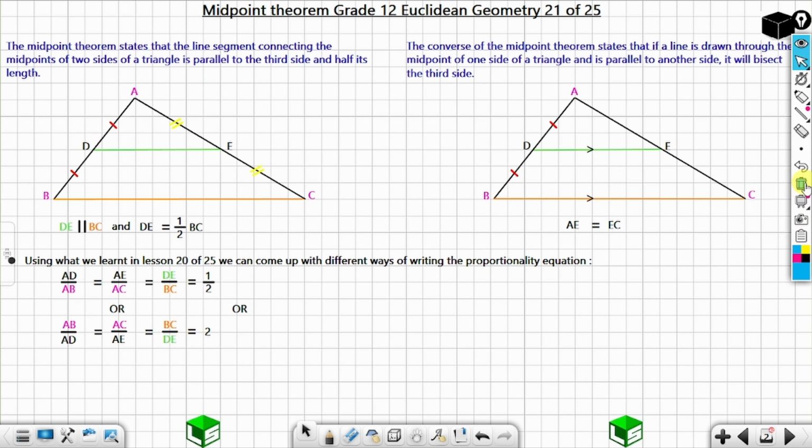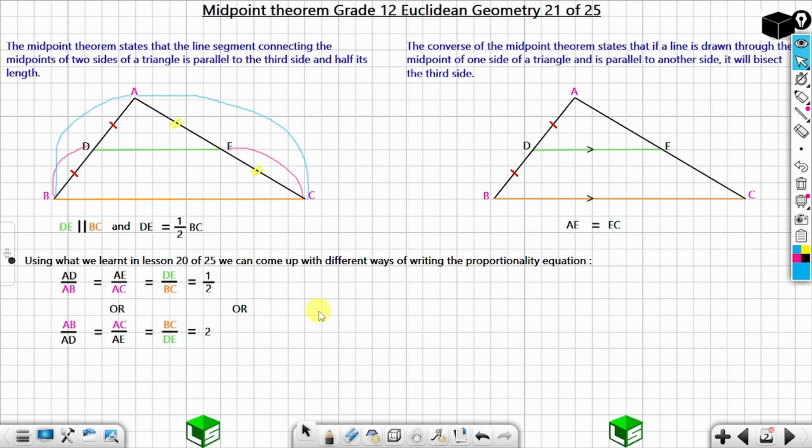Or you can also have DB over AB equal to EC over AC.